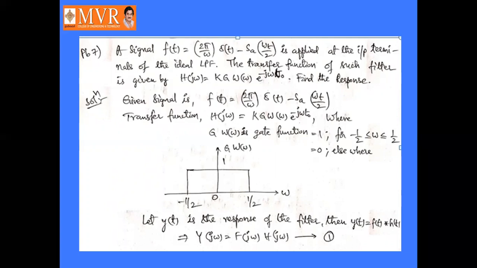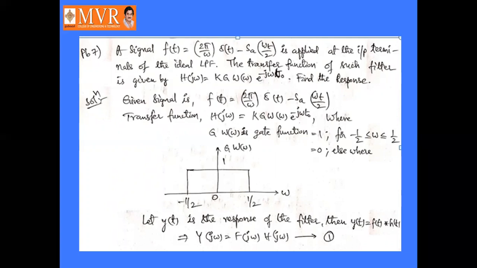It has the value 1 for the limits minus 1 by 2 less than or equal to omega less than or equal to 1 by 2. Otherwise, its value is 0, which is called the gate function.